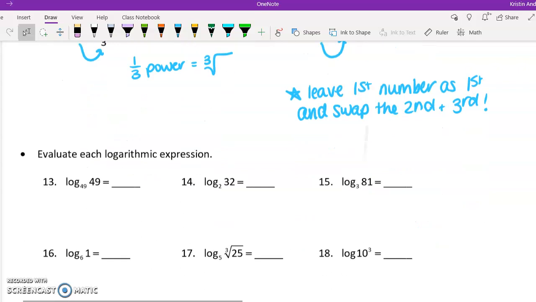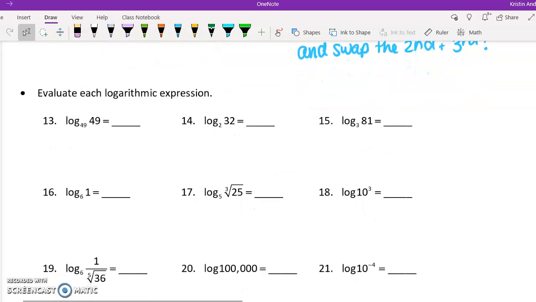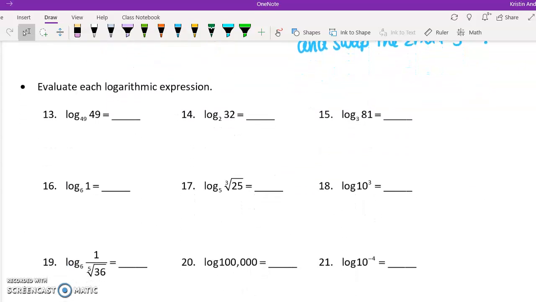Okay. Evaluating a log expression. On these problems, we can rewrite them into exponential form, and I also have a shortcut that I do to solve these. If you put them in exponential form, sorry about that.